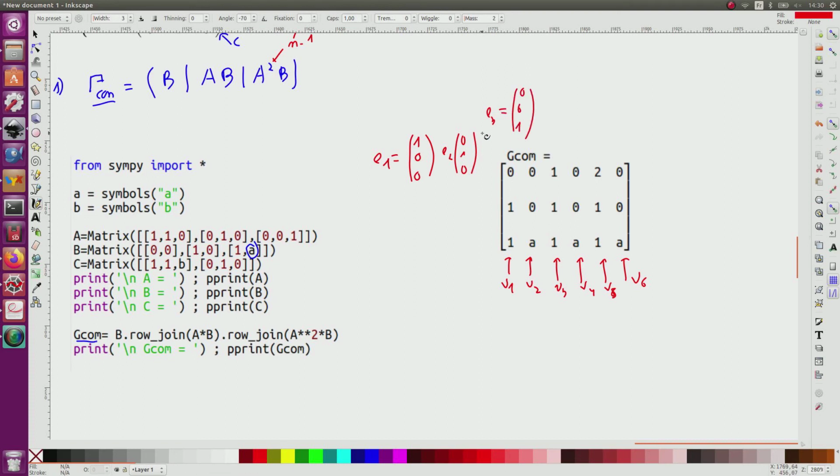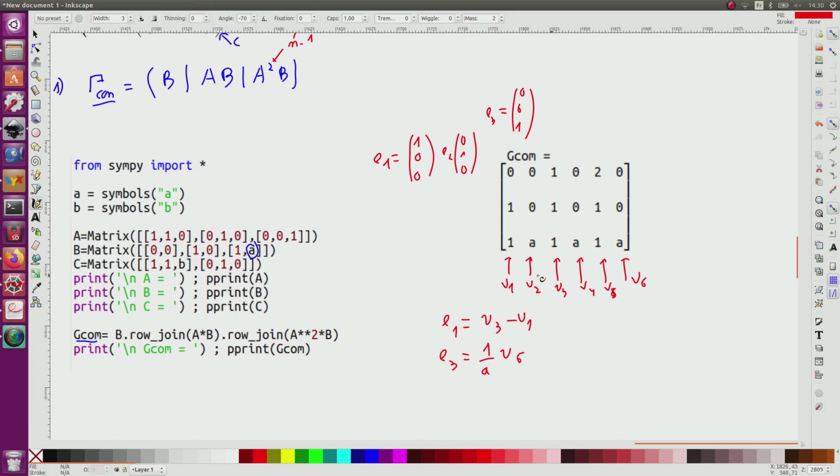Okay, so I can see that E1 is equal to, for instance, V3 minus V1, so I can generate E1. Now I can generate E3 from V6. So E3 is equal to 1 divided by a multiplied by V6.